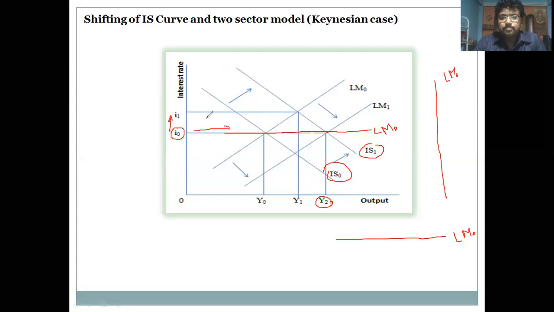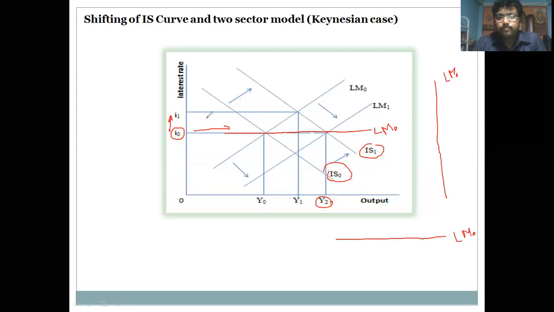So what we have learned from here are the reasons for shifting of the IS curve and for shifting of the LM curve. And we learned about the two-sector Keynesian model and the impact of shifting of the IS curve.